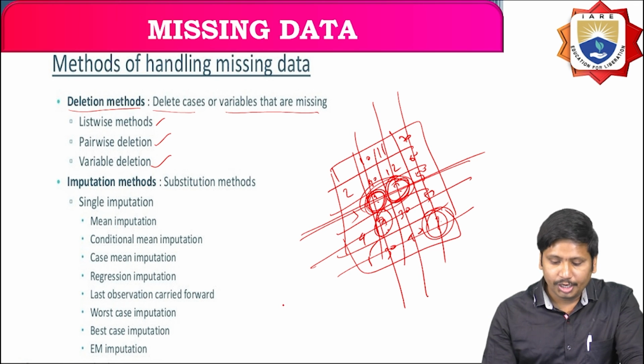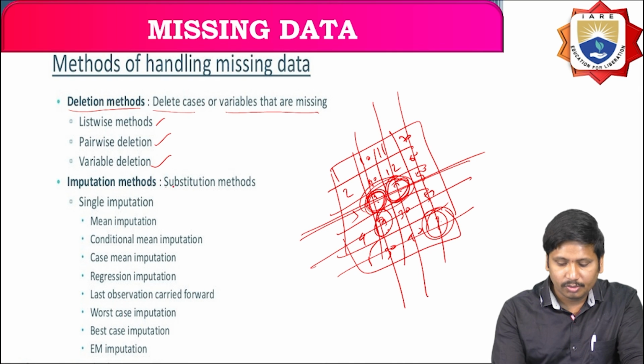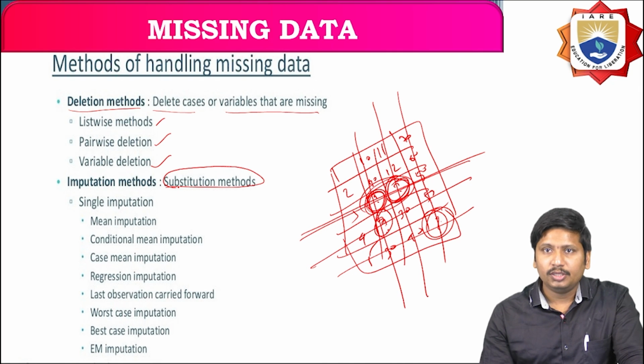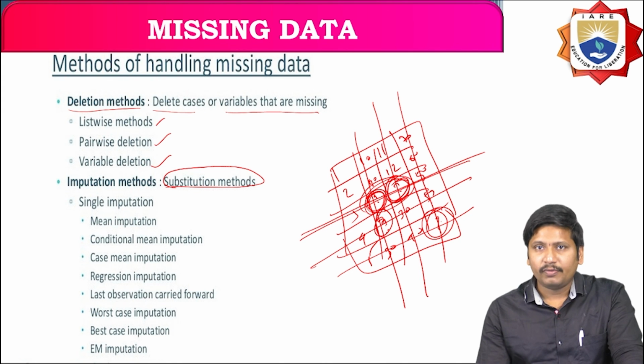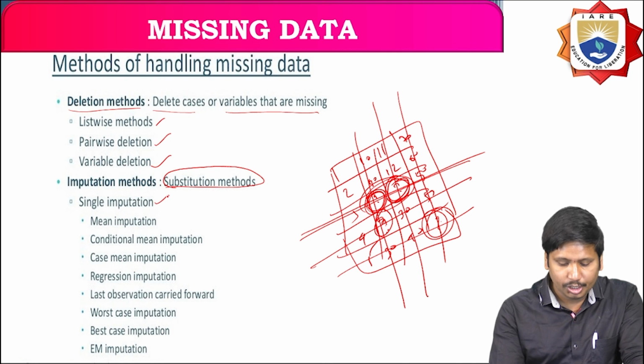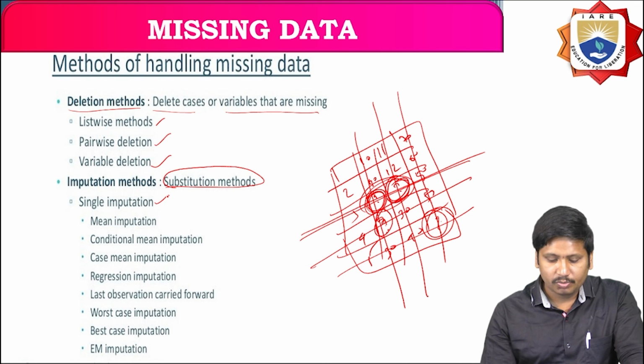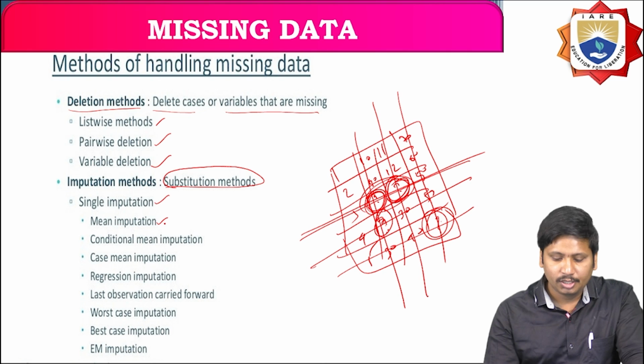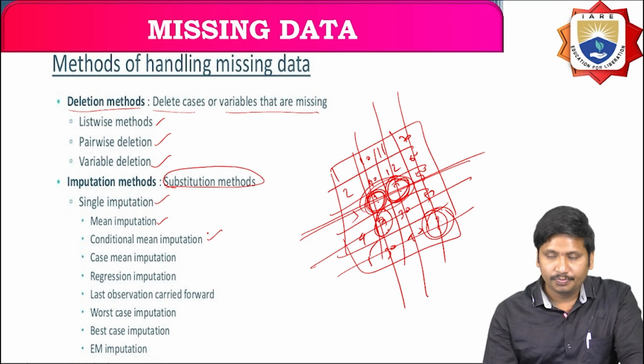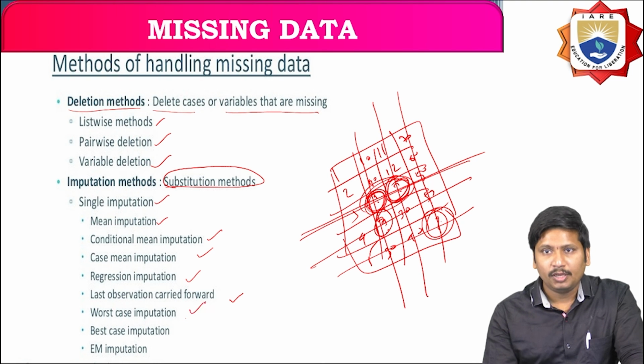And then similarly, imputation methods. Imputation methods mean nothing but substitution methods. What are the different ways of substitution methods we have? We have different types of substitution methods, like simple imputation. In simple imputation itself, we have so many things: mean imputation, conditional mean imputation, case mean imputation, regression imputation, last observation carried forward imputation, worst case imputation, best case imputation, and EM imputation.